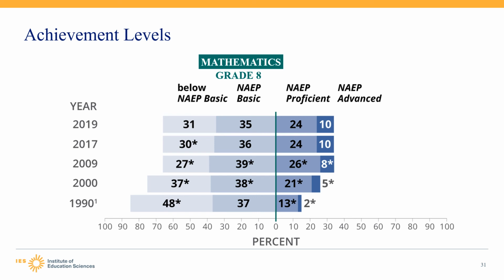Compared to 2017, the percentage of students scoring below basic was statistically larger in 2019. The asterisks indicate statistical significance.